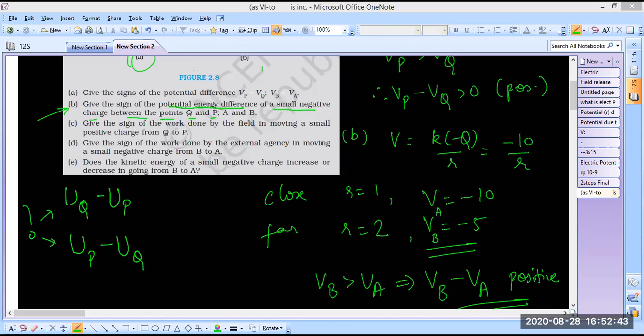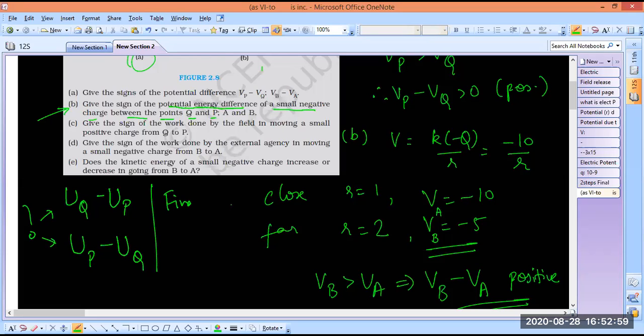Whenever someone says, find the difference between this and this, which difference do you have to find? Generally, we tend to find between final and initial, final minus initial. So if you go by that, it should be UP minus UQ.